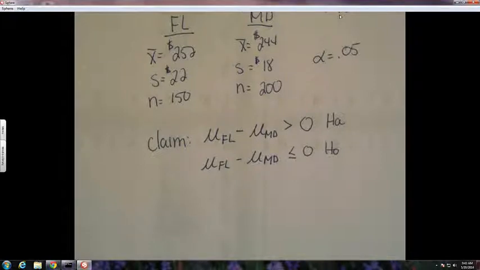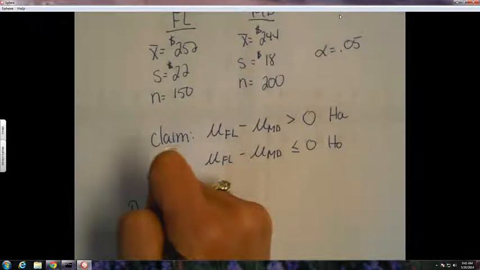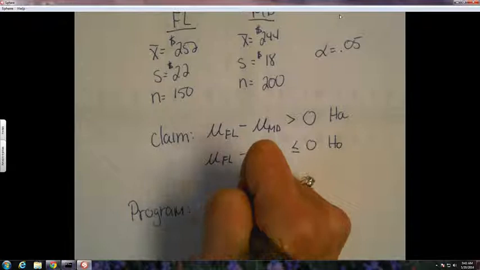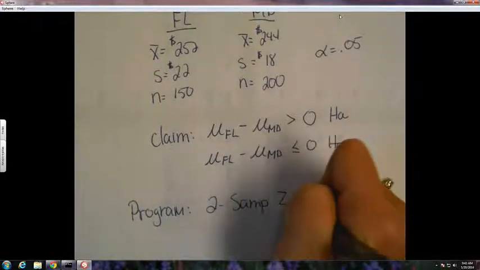Oh, there it is. The program is called 2SAMPZTest.